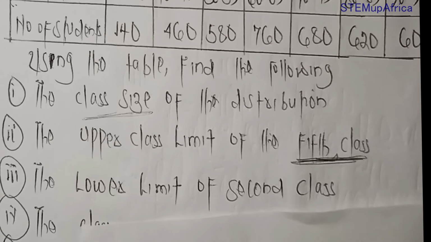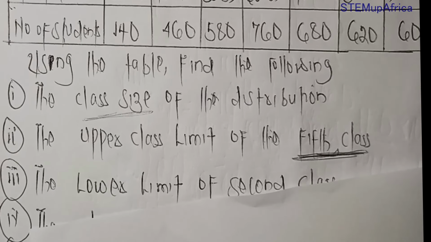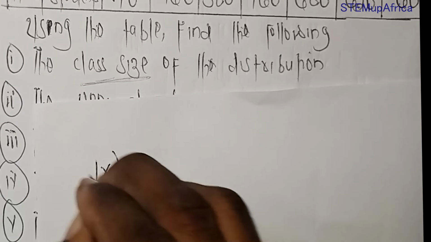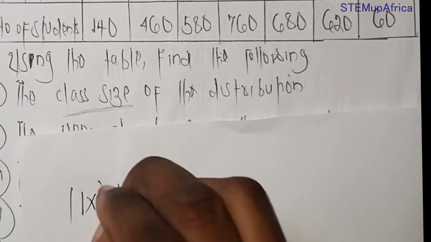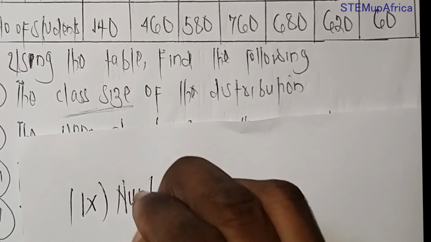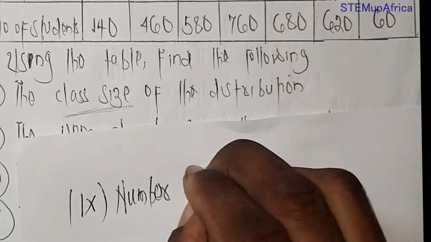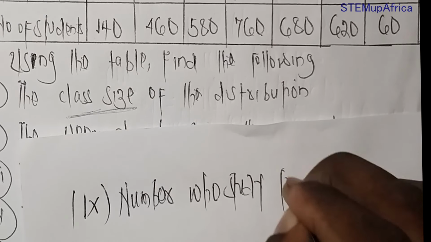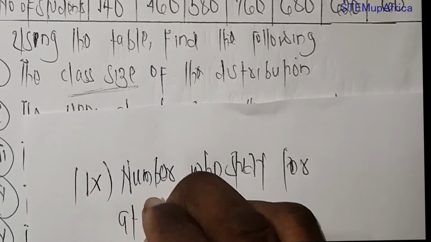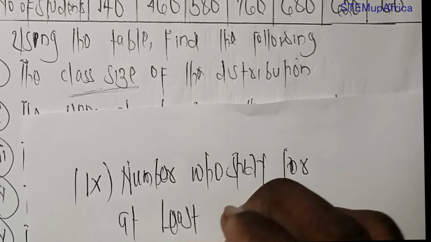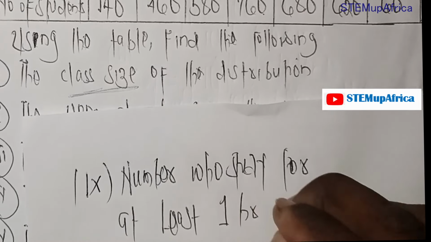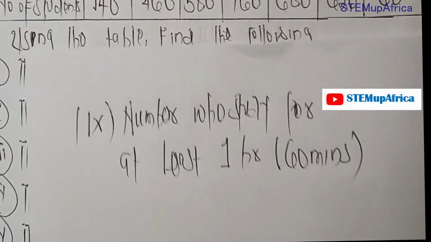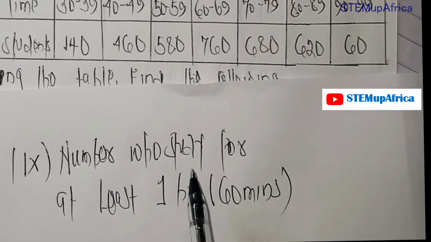That will give us Roman figure 9: the number of students who studied for at least 1 hour, which is equivalent to 60 minutes. How many students did that?